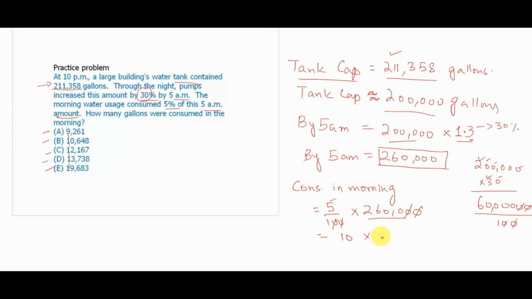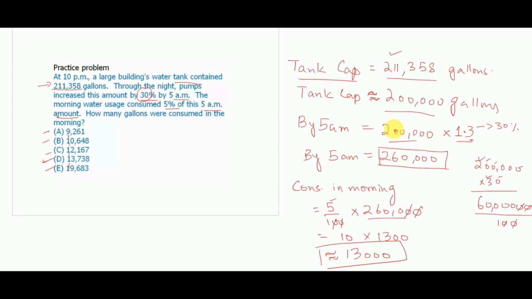Half of 2600 is 1300. All right, so now that's easy. Your answer would be, and remember this is an approximation, 13,000. So which number is closest to 13,000? That is option D.